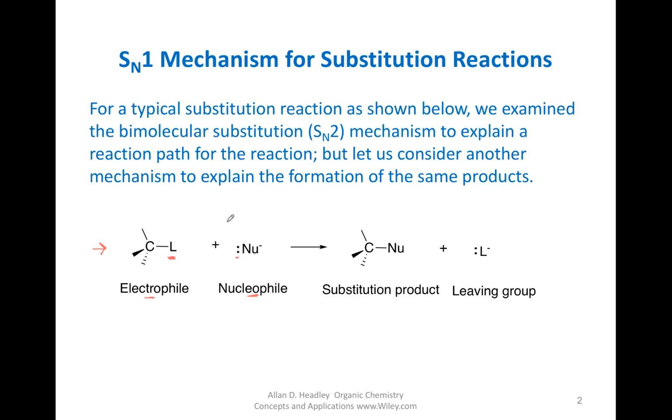And in the substitution reaction, the leaving group leaves with its electrons, as shown here, and the nucleophile bonds to the electrophilic carbon to make a new bond. Last lecture we looked at one mechanism that explained that, the SN2 mechanism, where the nucleophile comes in from the rear and kicks that out.